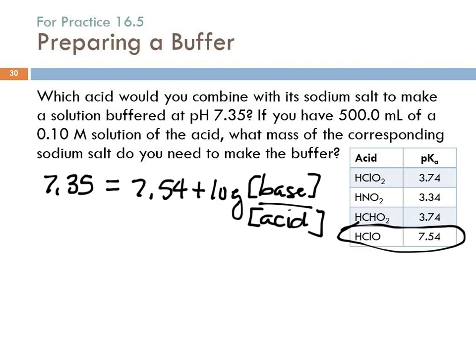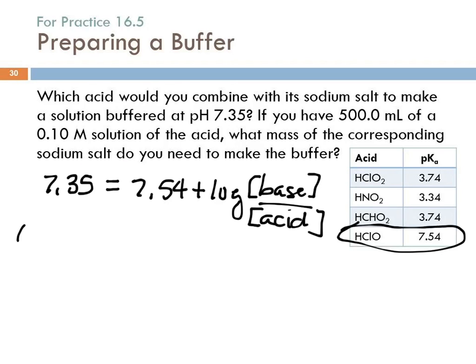So remember, we can do this either in molarity or we can do it in moles, because the volumes are the same and they cancel out. Well, here we have half a liter of 0.1 molar of the acid, right?